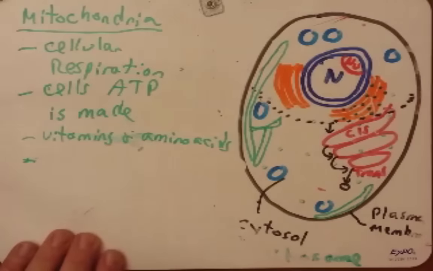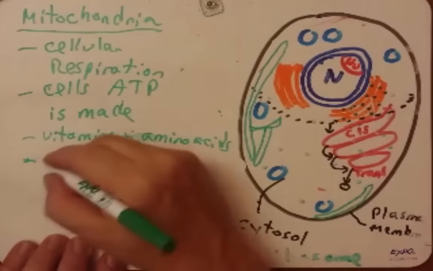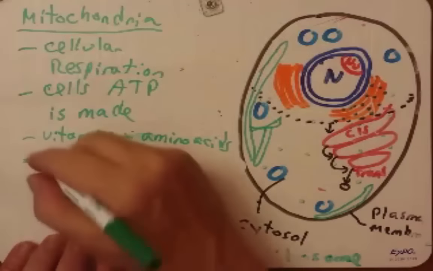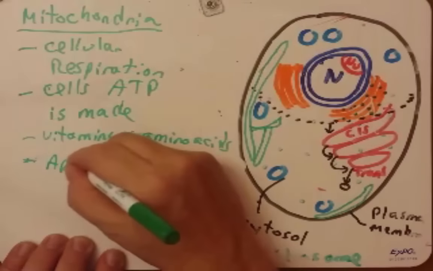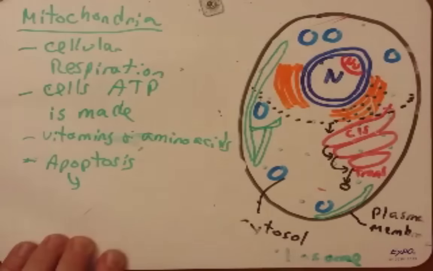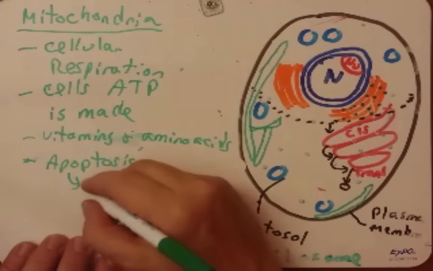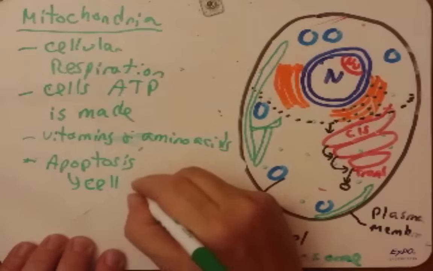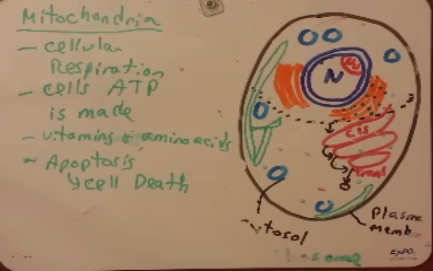It's also an incredibly important organelle in regulating something that is called apoptosis. Apoptosis is a program that the cell sets into place to trigger cell death. At first you might not think cell death is a good thing, but it's important that our cells recycle when it's time for them to recycle.